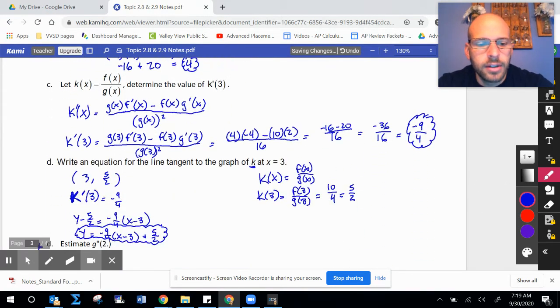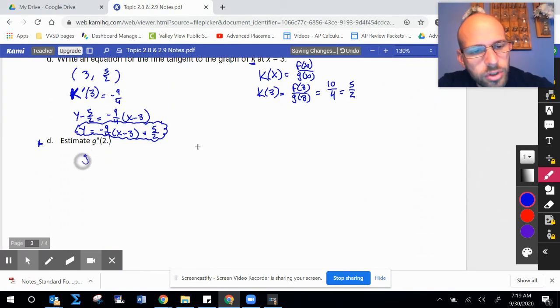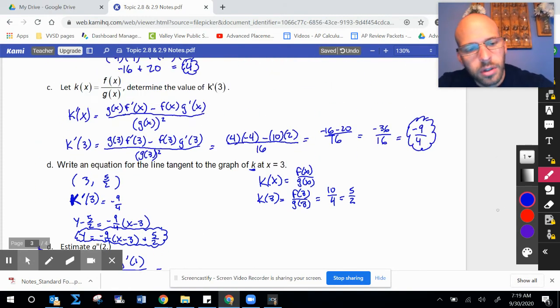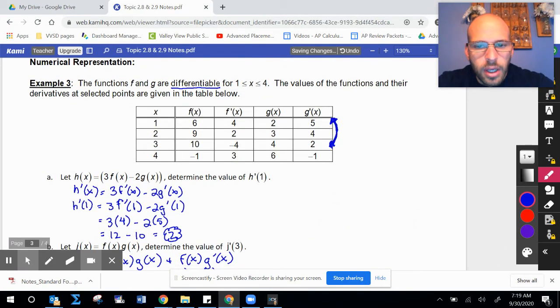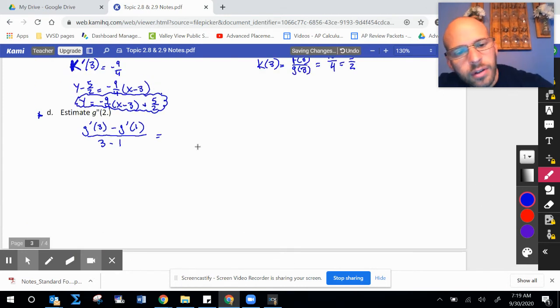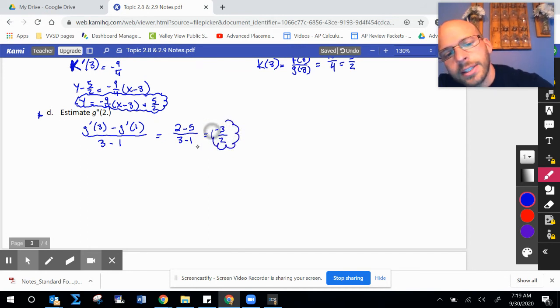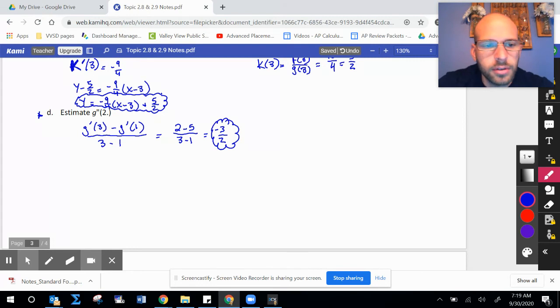So if I did g prime of 3 minus g prime of 1 all over 3 minus 1, I would get 2 minus 5 all over 3 minus 1, which would give me a negative 3 over 2. And this is an estimate. This is an approximation, okay, of g double prime of 2.